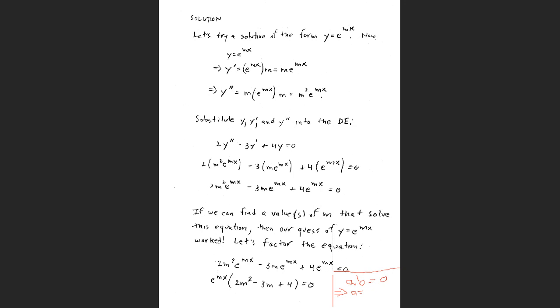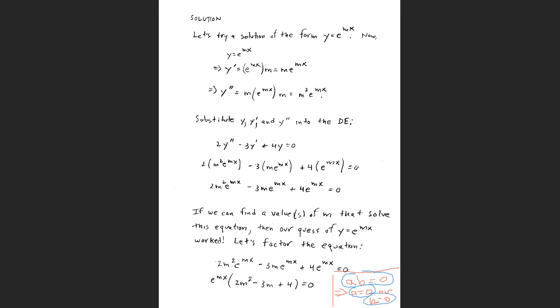Good, right, Michael. If you have the equation A times B equals 0, that's going to imply two things: either A equals 0 or B equals 0.